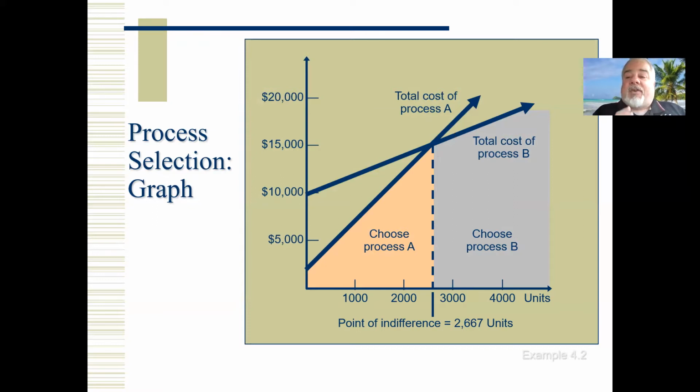Now I have to ask the other question on that previous graph, the break-even analysis. If I chose A or if I chose B, how many do I have to make a profit? Now I need to know how much I really think I can sell them for. Okay, 2 different things.